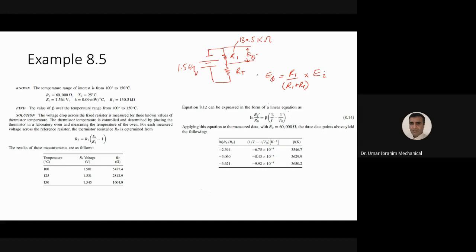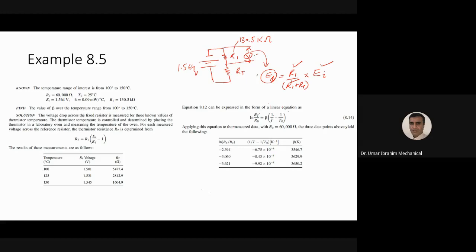Since we know the R1 value and the input voltage value, and we measure the E out value, we use a voltmeter here. We connect a voltmeter here, and with the help of that voltmeter we find out the E output value.